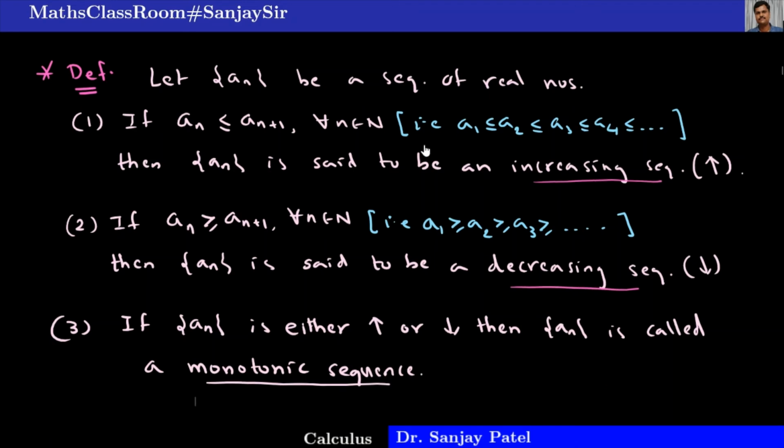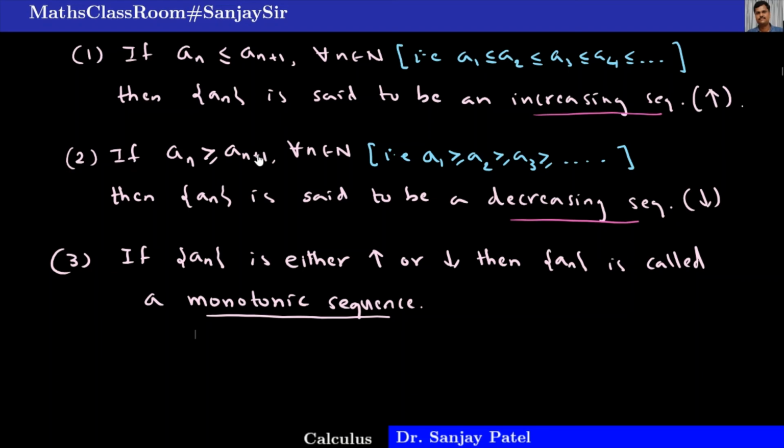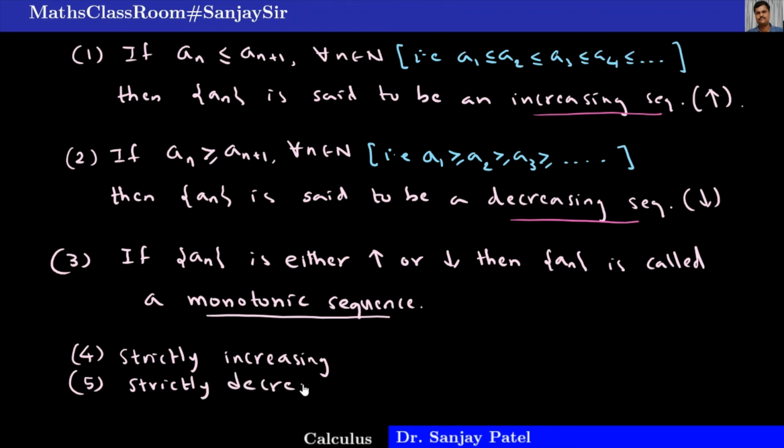Okay. And if we have strict inequality in these three definitions, it is called strictly increasing or strictly decreasing or strictly monotonic sequence. So if an is strictly less than an plus 1, then it is called a strictly increasing sequence. So we can have two more definitions here: strictly increasing sequence, and strictly decreasing sequence.